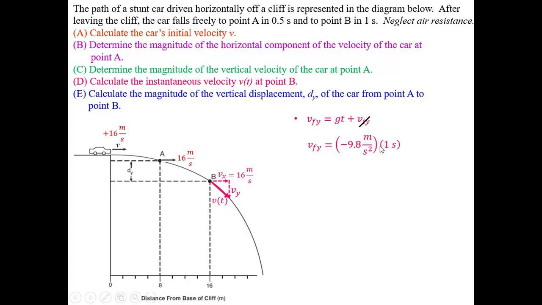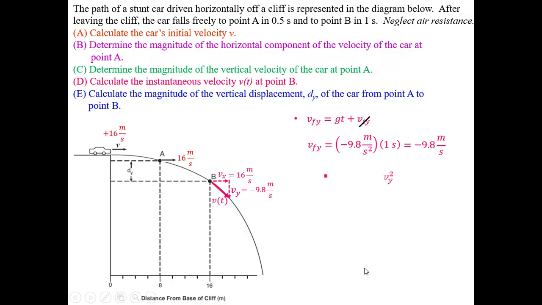And then t here is 1 second because I'm at point B, and the problem says it takes 1 second to get to point B, right? So negative 9.8 times 1 is just negative 9.8. So I just found the vertical component at point B to be negative 9.8 meters per second. And it's pointing down because the object, once again, is moving to the right and at the same time falling downward. So it traces out this nice curvature.